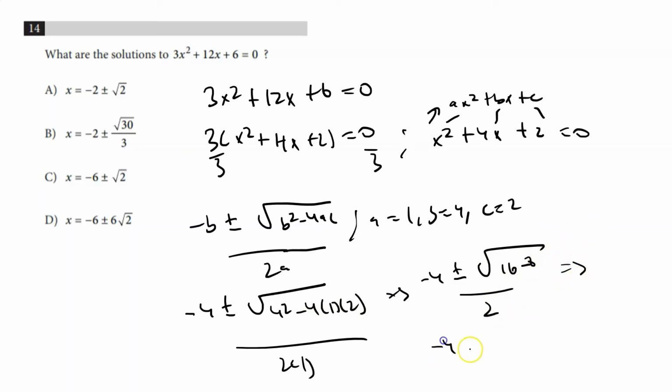And that's negative 4 plus or minus root 8 over 2. Canceling this here, we have a factor of negative 2 on the top, so we can just cross out that. And square root of 8 is clearly not square root of 30 over 3, so answer choice A is correct.